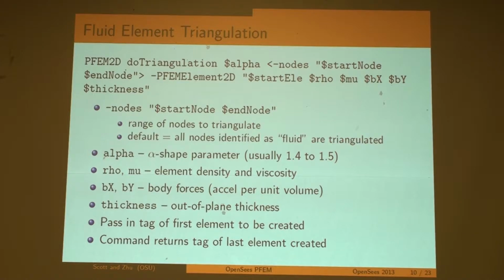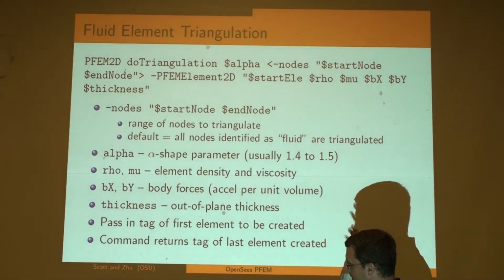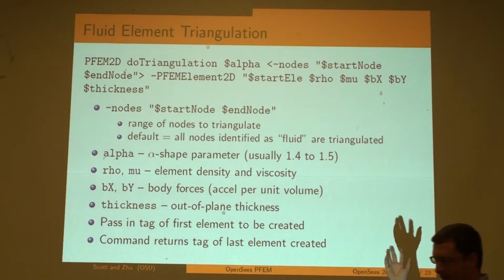Right? And then we tell which range of nodes we want to triangulate over, right? And then pass in the starting node tag and then the end node tag for that. We also pass in the starting element tag, and then the command will return the tag of the last element that's created by this command.